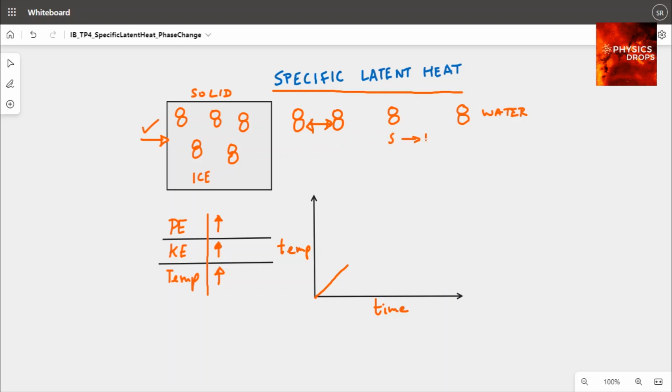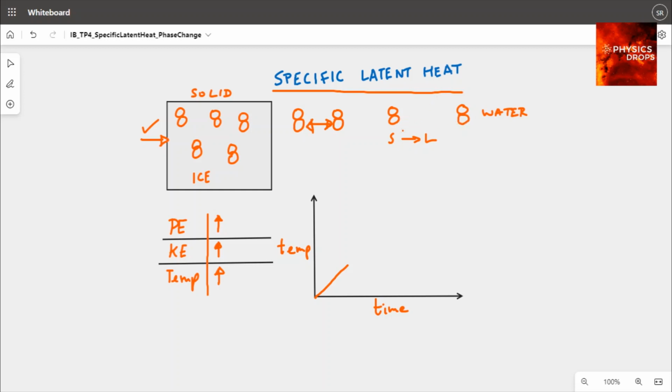At this point, when they are moved so far away from each other, all the energy is utilized in separating them. Initially, kinetic energy keeps increasing, temperature keeps increasing, potential energy increases, but there is a point where the molecules are moved so far away that it exactly turns into liquid.